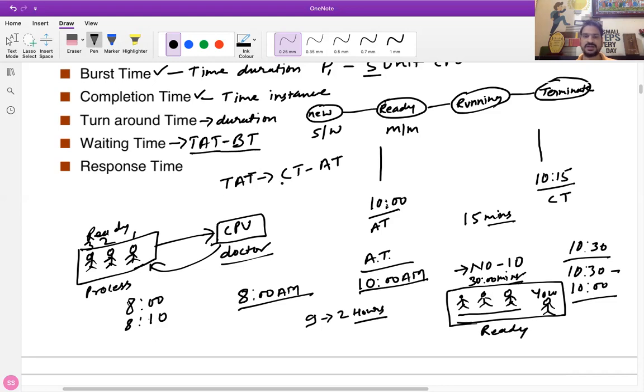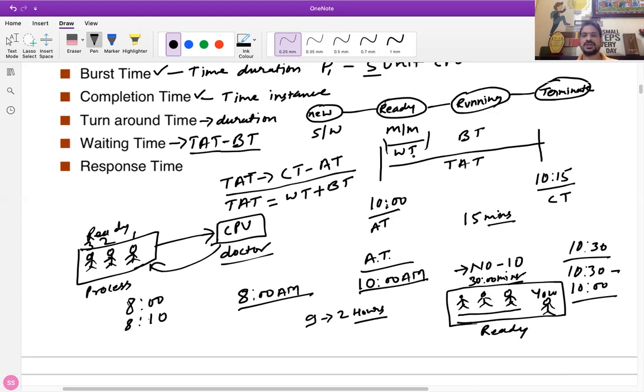Turnaround time is completion time minus arrival time. It is also calculated as waiting time, the time in the ready state, plus burst time. So waiting time will be calculated as turnaround time minus burst time.